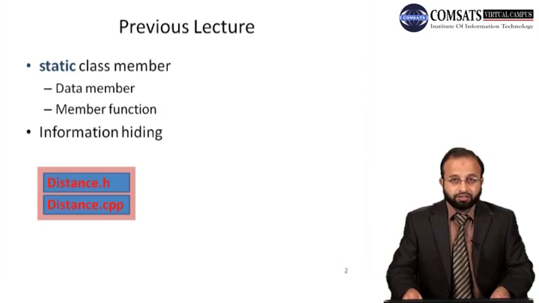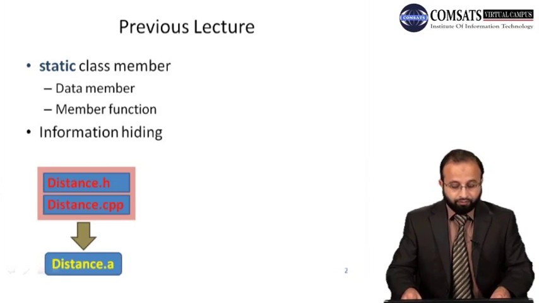And distance.cpp contains the definition of the member functions of the distance class. We compile it and make a static library, and we get distance.a.